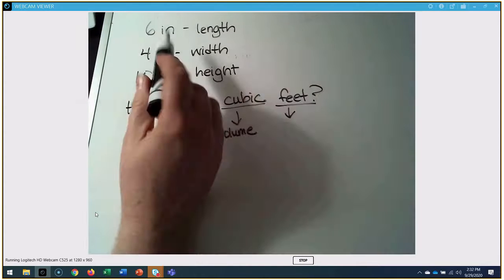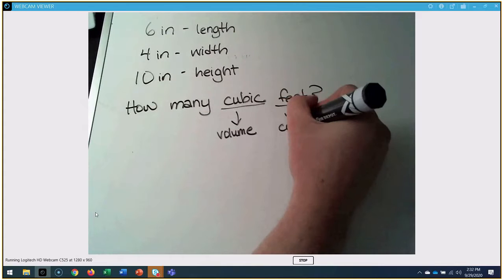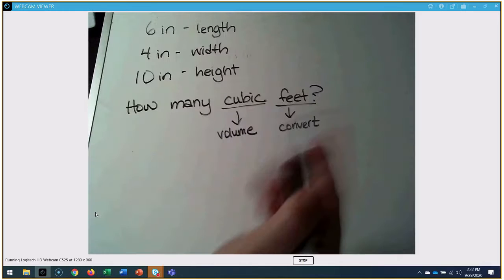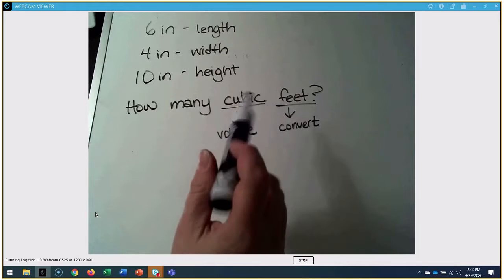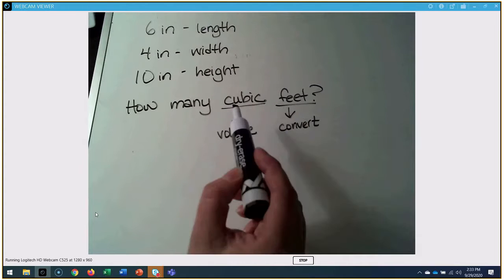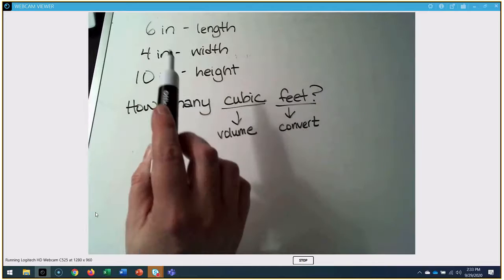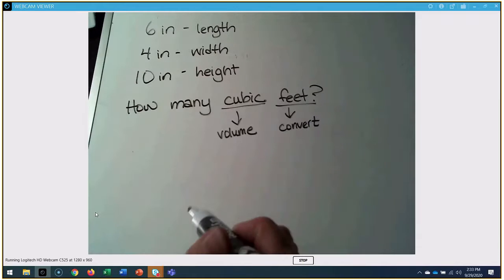We have inches, so we'll need to convert. Okay, so there's two things going on here. First, we have to get something that is cubic. In this case, we're going to get cubic inches because we're measuring in inches. And then from there, we should be able to convert. So it's going to be a two-step process.